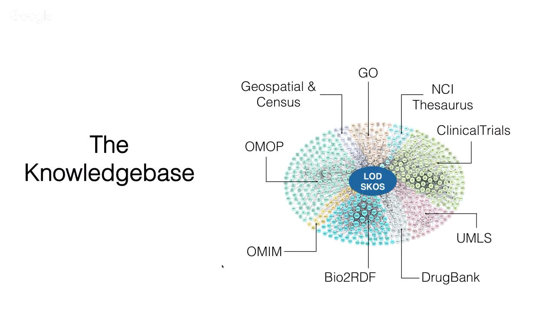A big part of it is geographical information from census and other socioeconomic data, but the entirety of the UMLS, 182 vocabulary systems from UMLS, is integrated into it. The entire OMOP terminology is there, clinical trials, OMIM, DrugBank, and several other knowledge sources, First Databank, and those are also part of this.